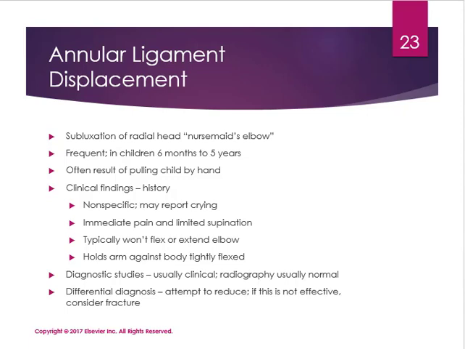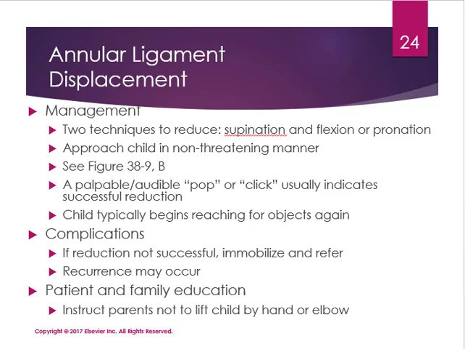So with your differential diagnosis, if you attempt to reduce it and that's not effective for the pain, then you need to consider a fracture. So, management of this displacement: there are two techniques that can be used to reduce the radial head. That can be supination and flexion, or pronation.